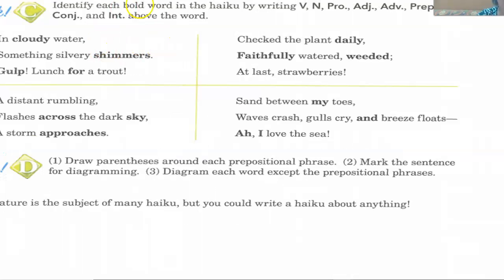Right, think C. Identify each bold word in the Haiku by writing verb, noun, adjective, adverb, preposition, conjunction, or interjection above the word. In cloudy water, something silvery shimmers. Gulp, lunch for a trout. So go ahead and do this first Haiku, identifying what the dark, bold words are.